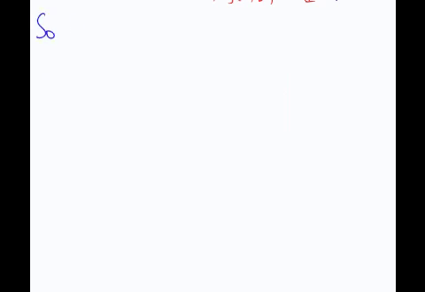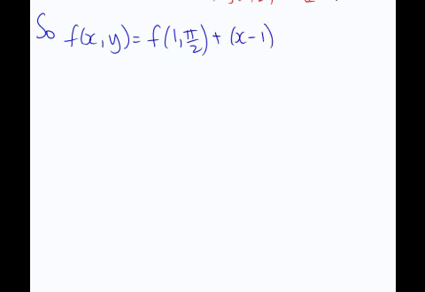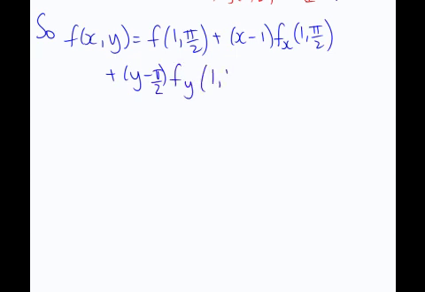I'll write this out longhand first. It's going to be f evaluated at 1, pi by 2, plus x minus 1 times df by dx evaluated at 1, pi by 2, plus y minus pi by 2 times partial df by dy evaluated at 1, pi by 2.